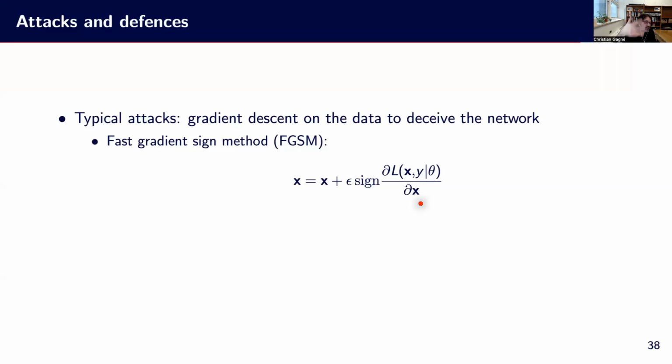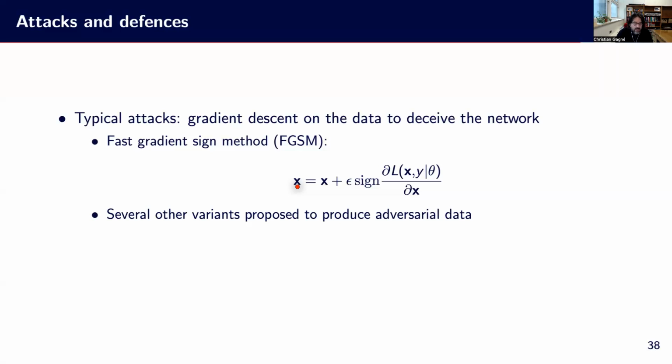And applying this, possibly several iterations of that, it can lead to a new X that will be very similar to the original X because the steps will be really small, but at the same time will be fooling the network, making bad decisions, wrong decisions versus the original X that was correctly classified.